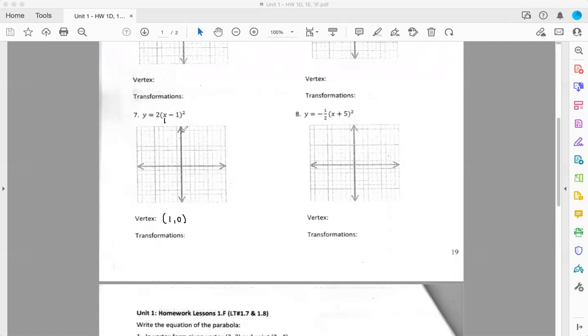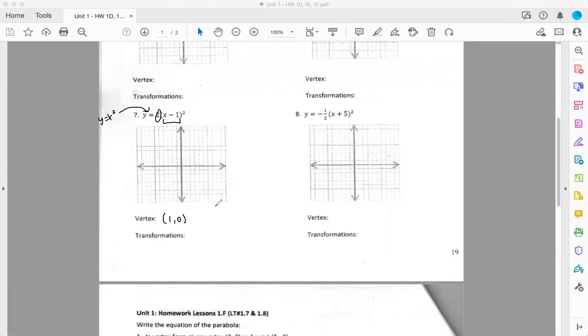And then transformation, we have two things here that happened. We know it opens upward, right? But to talk about transformation, think about what happened to the parent function. So what happened to x squared, right? How did y equals x squared become this? It got multiplied by 2, and then this happened. So two things.